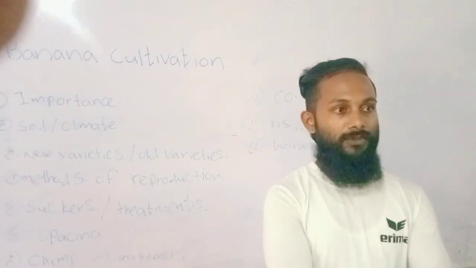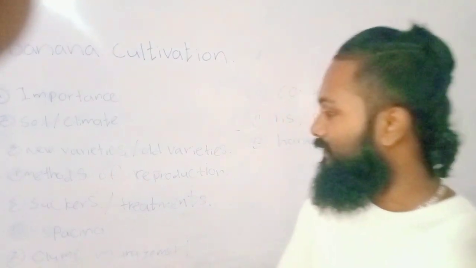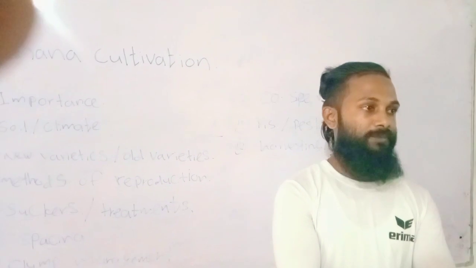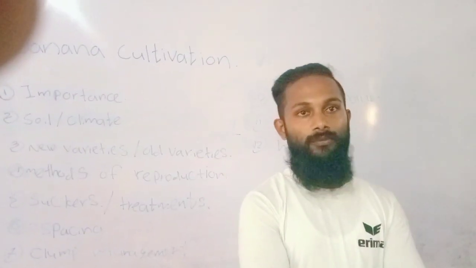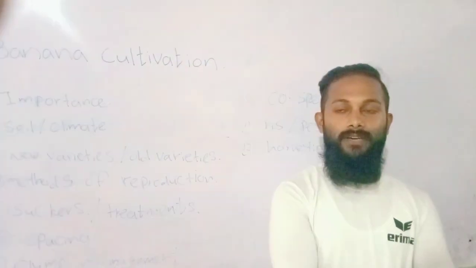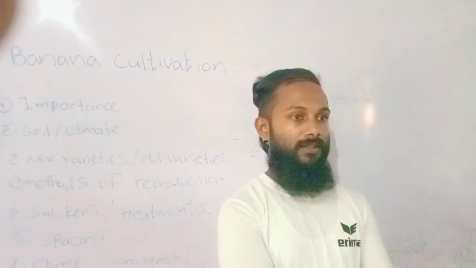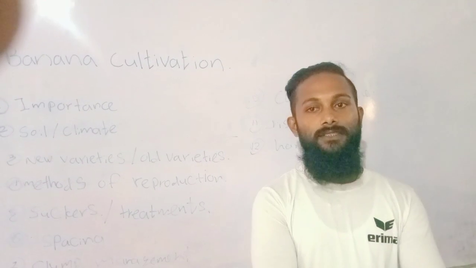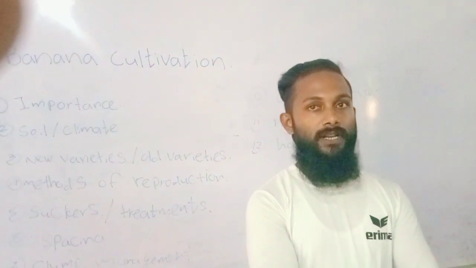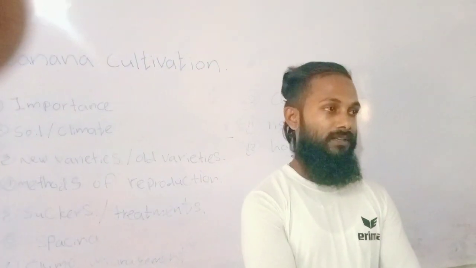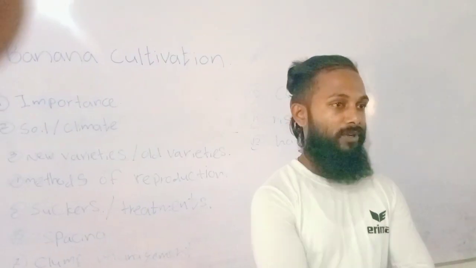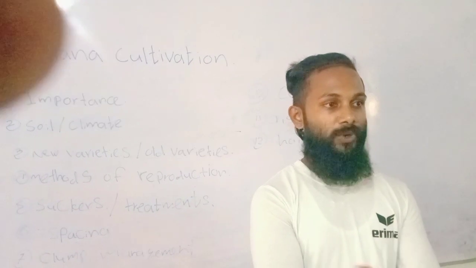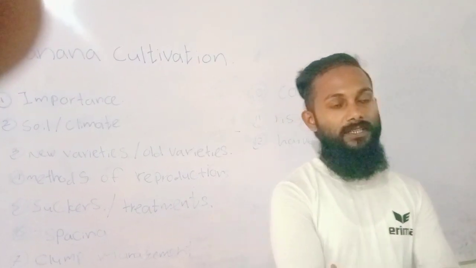And spacing: for Polpuththu we normally space 2.4 by 2.4 meters. Other varieties are normally 3 by 3 meters. Another variety is elephant banana, which we call Ambun, and that variety is normally spaced 3.6 by 3.6 meters.